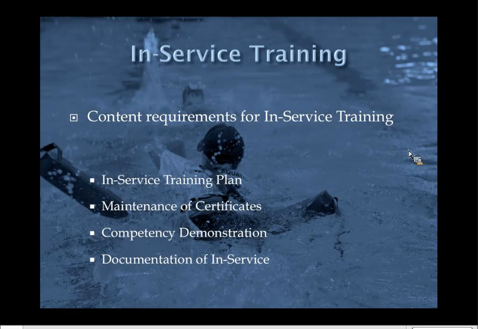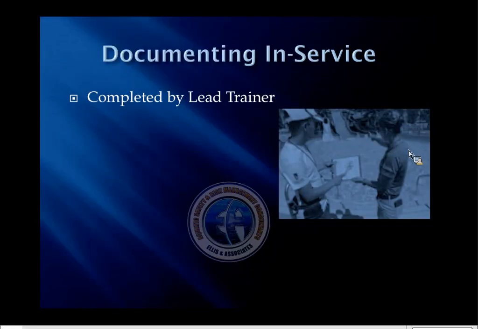The content requirements for in-service training should include the following: an in-service training plan outlining content and frequency, maintenance of certificates and or renewal of credentials, competency demonstration in the real work environment, and documentation of in-service. Again, if it's not documented, it never happened. So every in-service training must be appropriately documented.